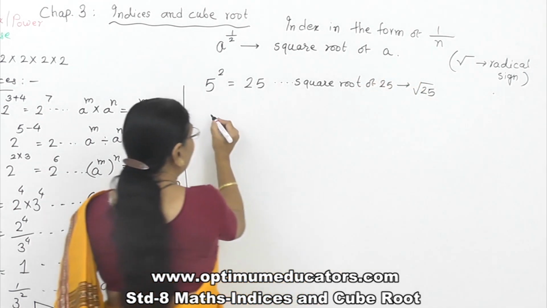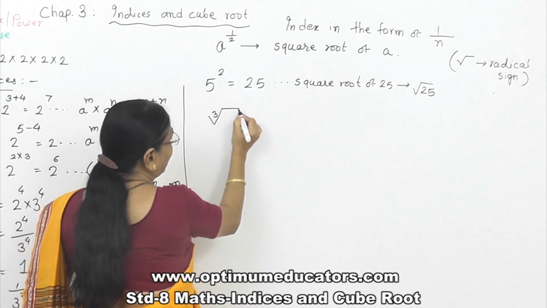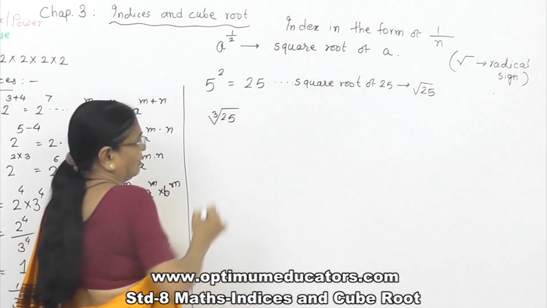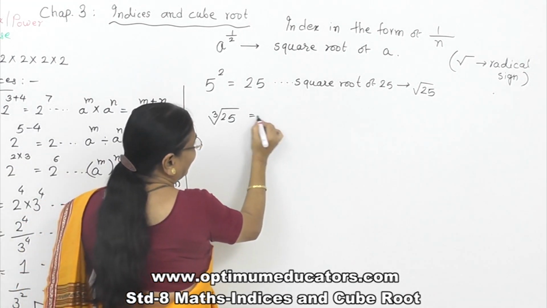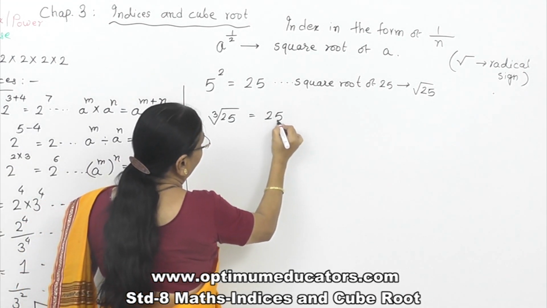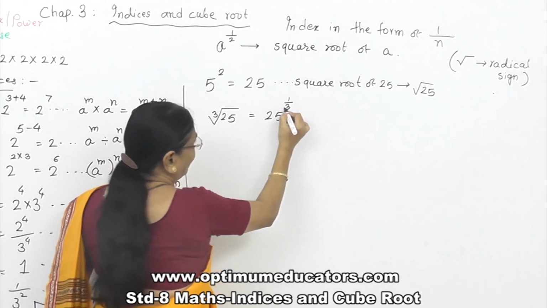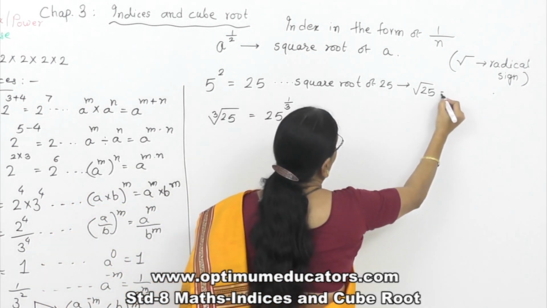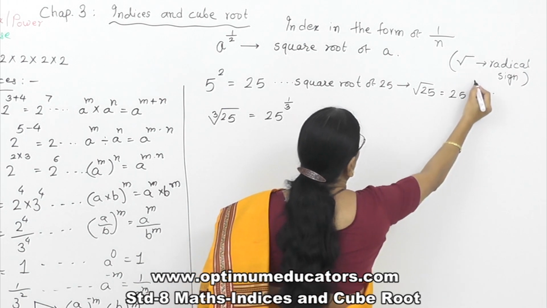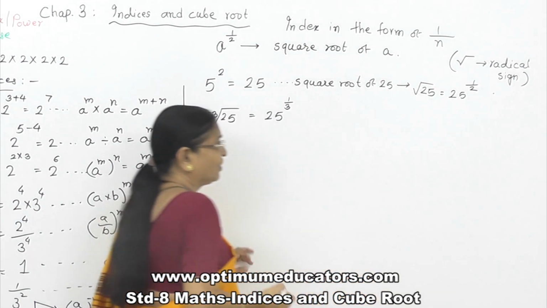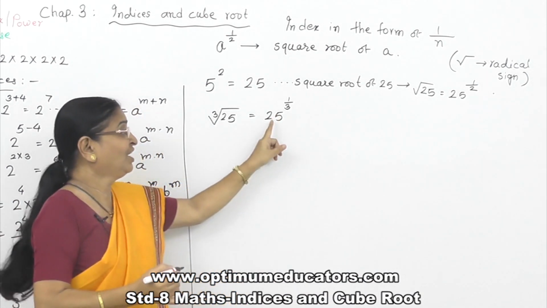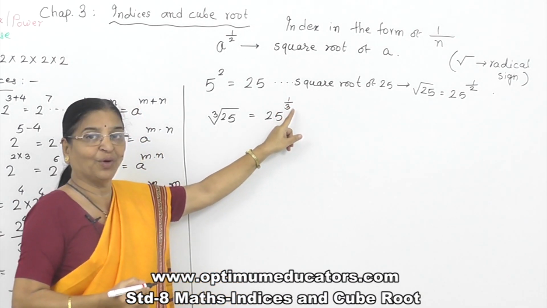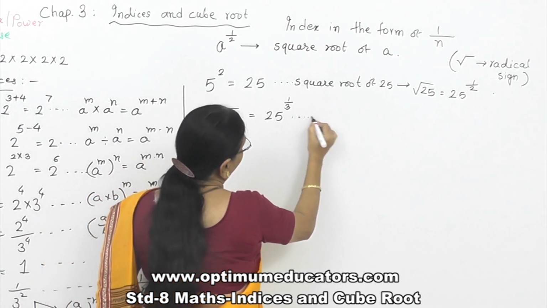If I write here cube root of 25, here it is 3. So cube root. And then I will write it as 25 raised to 1 upon 3. This I can write as 25 raised to half for the square root. Now see, you can compare these roots. 25 raised to 1 upon 3, what does it mean?